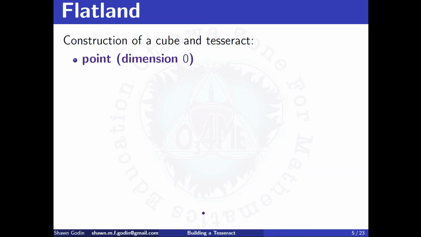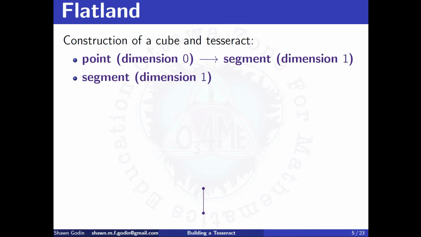Now, if I add a dimension and I want to make the square of a larger dimension, what I would do is take and make a copy of our point and join those things up with a line segment. And so that gives us a segment, which is a one-dimensional cube or square.